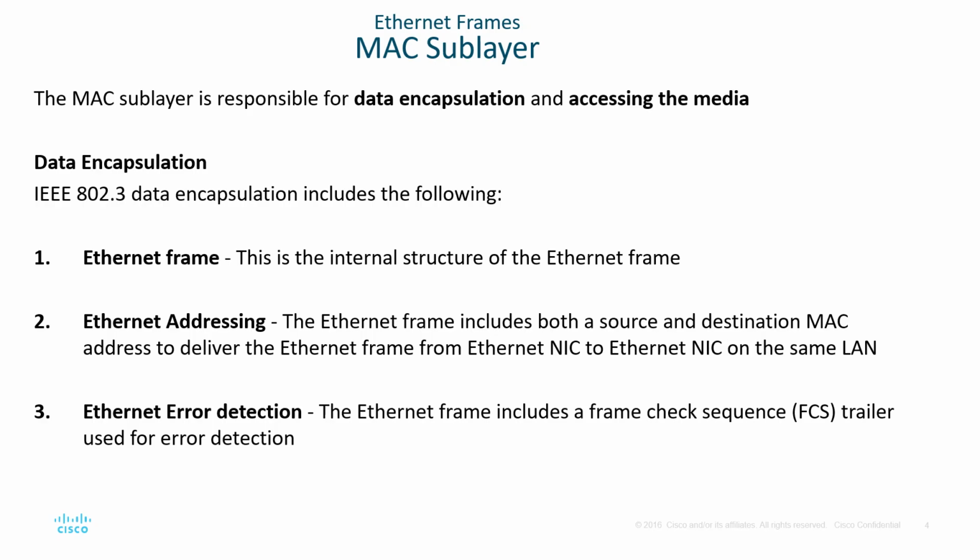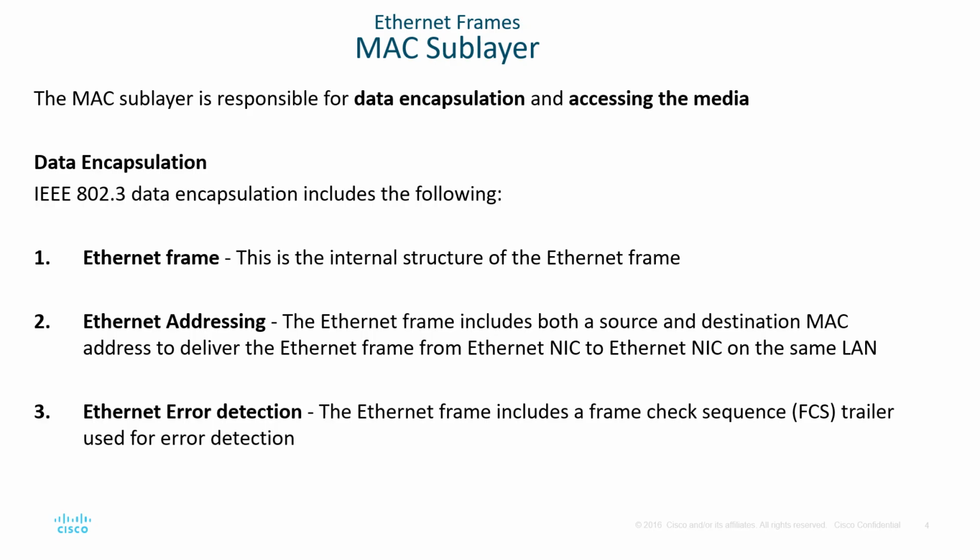The Ethernet frame includes both a source and destination MAC address to deliver the Ethernet frame from the Ethernet NIC to the Ethernet NIC on the same local area network. So whenever you're thinking about local area network communication and frame delivery, you want to be talking about your switch.